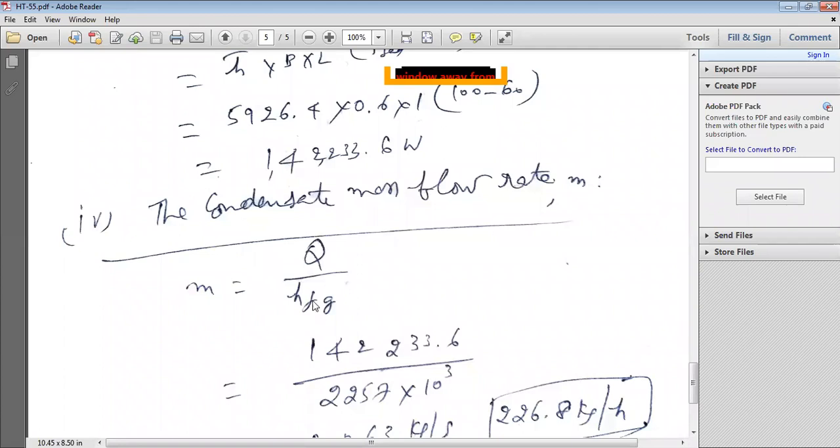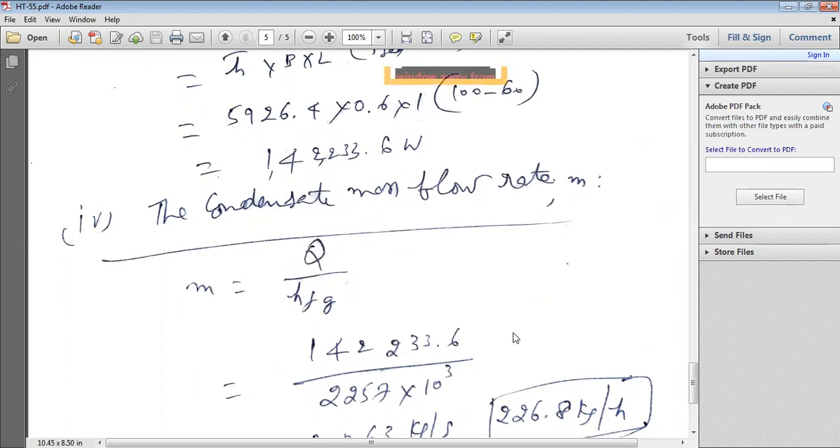Why have I given this? For 1 kg of mass, the heat liberated is h_fg. For total mass, how much heat is required? M into h_fg. That's why M into h_fg is equal to the total heat transfer rate Q. From this formula, you can calculate the condensate mass flow rate. So M is equal to Q by h_fg.